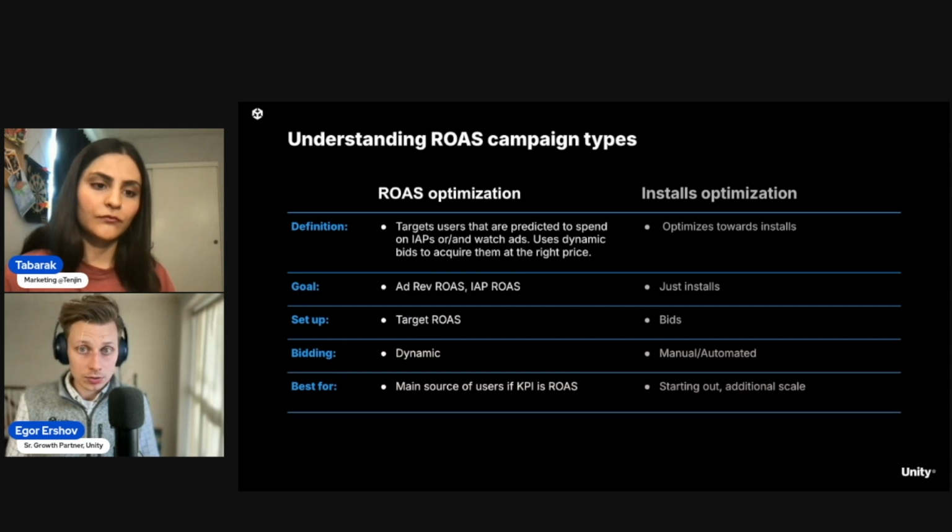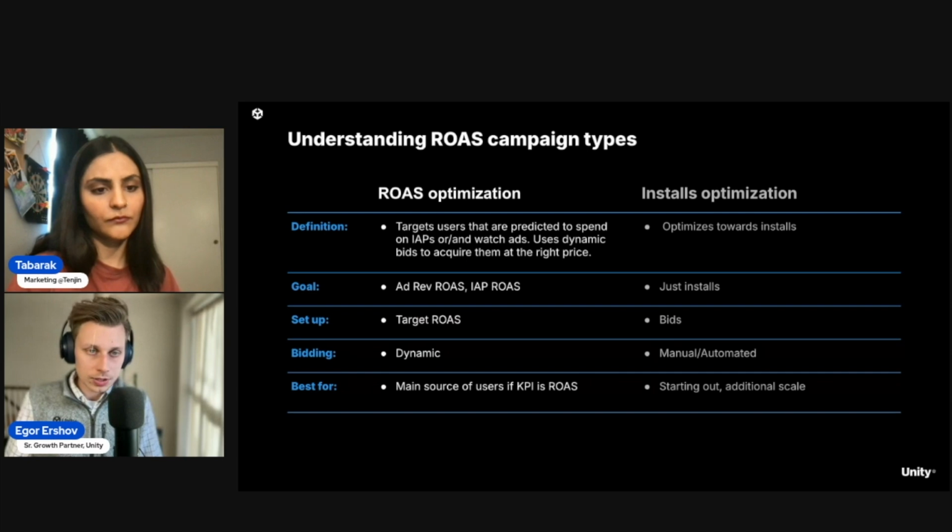If we're talking about the zero ad revenue ROAS campaigns, it's the same, but with the different cohort data applied. The seven ROAS campaigns are using both data sets from IAP ROAS campaigns and ad revenue ROAS campaigns.